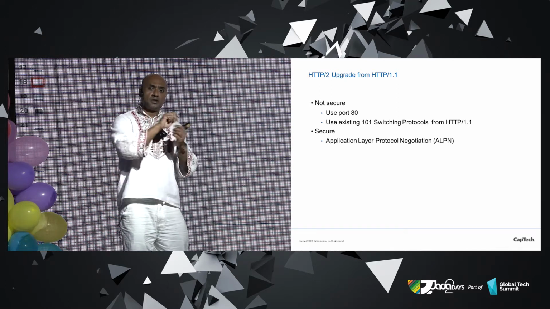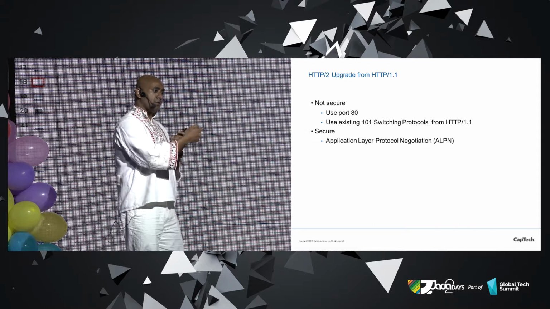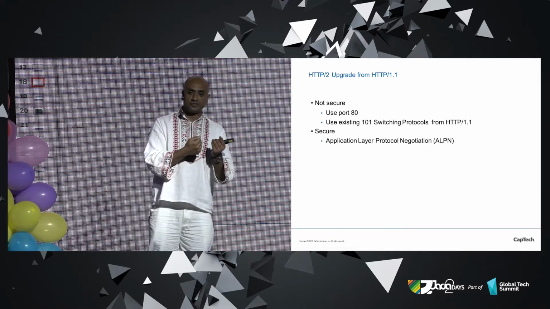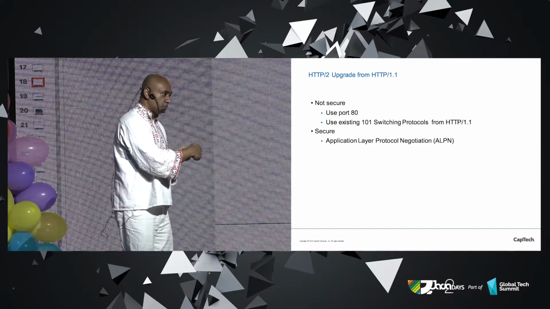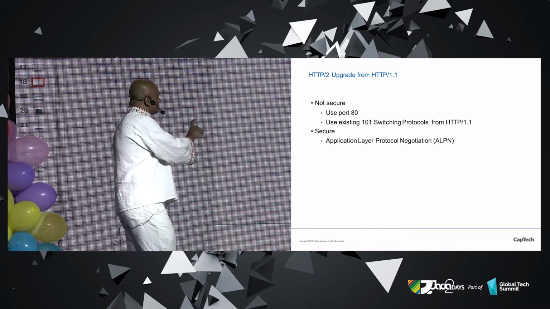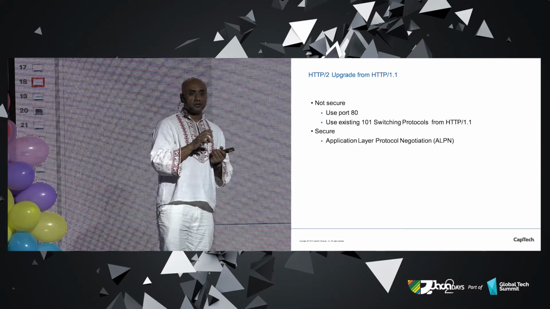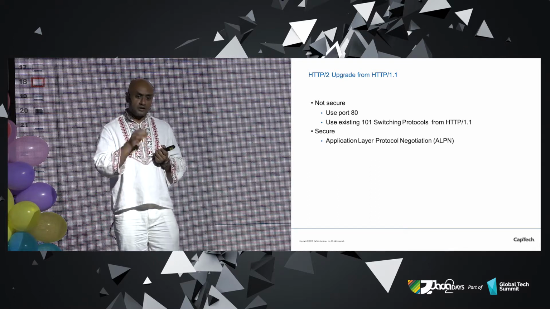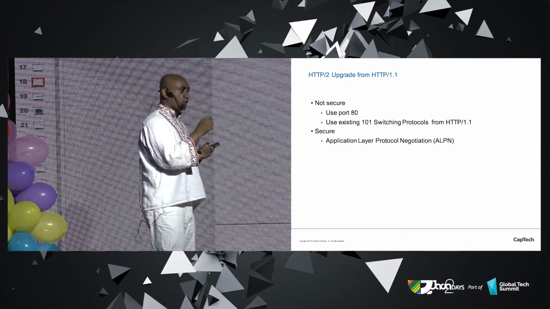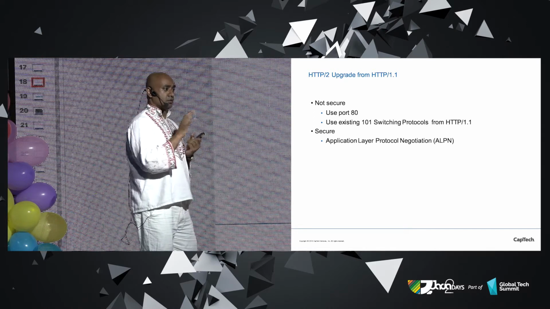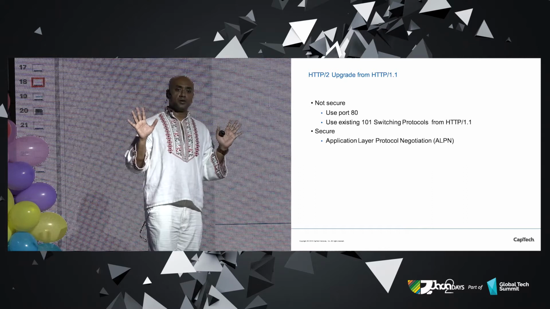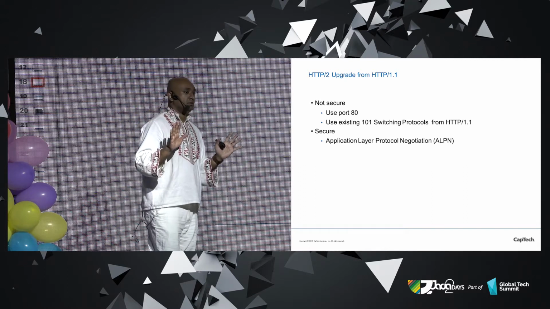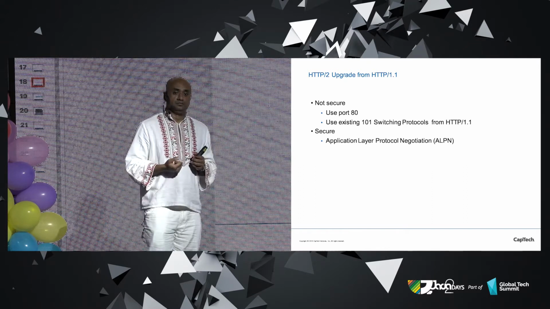So there has to be some way of negotiation back and forth between the client and the server as to whether they're going to speak HTTP 1.1 or HTTP 2.0. The clever way this is handled is by simply assuming by default that the connection is always going to be HTTP 1.1. So the server always assumes that it is going to receive HTTP 1.1 calls, unless the client tells it something different.